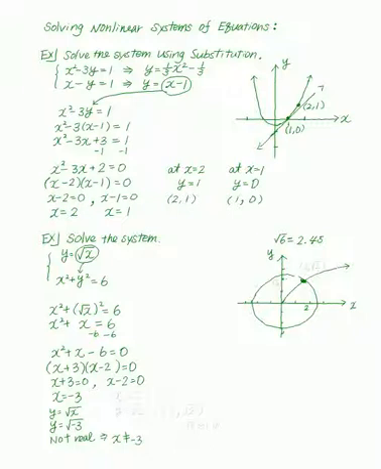Next up, I'm going to solve the other equation by adding 2 to both sides, and I get x equals positive 2. Plugging that into the first equation, I'm going to get that y is equal to the square root of 2, giving me the ordered pair 2, comma, root 2. Now recall, root 2 is a little under 1.5.